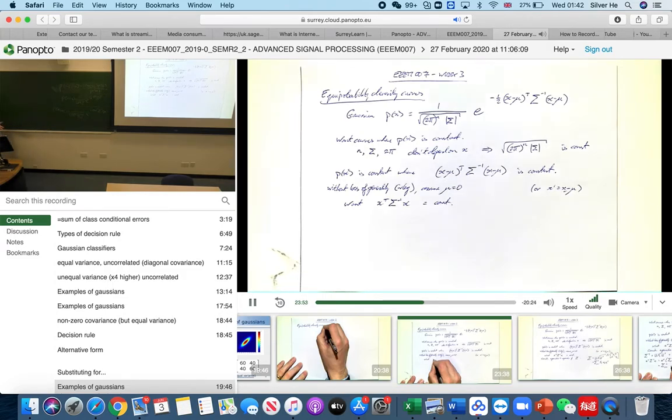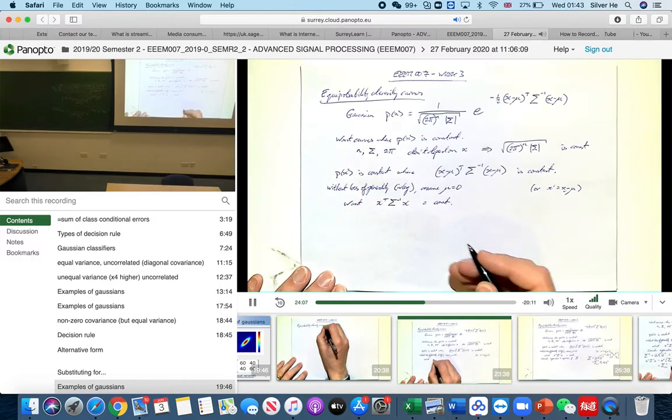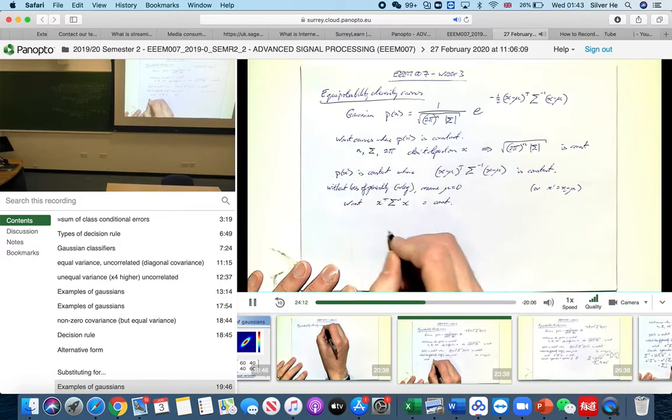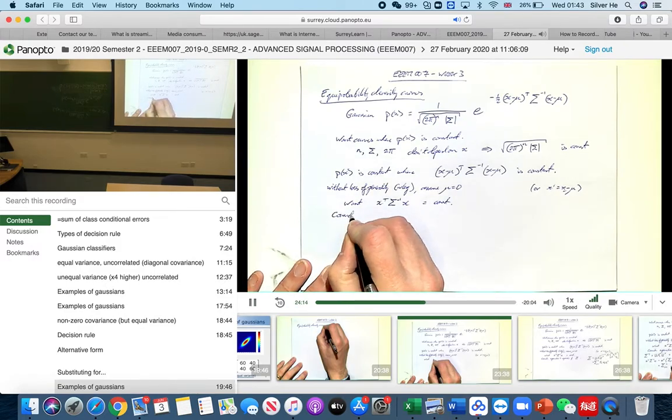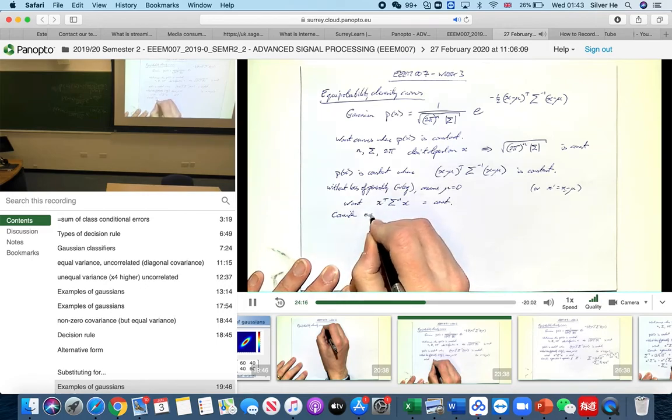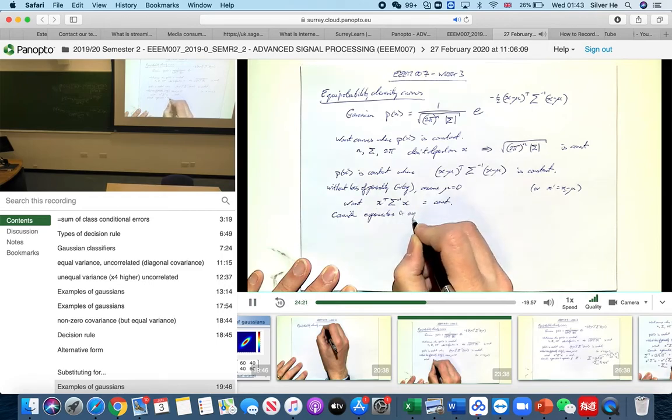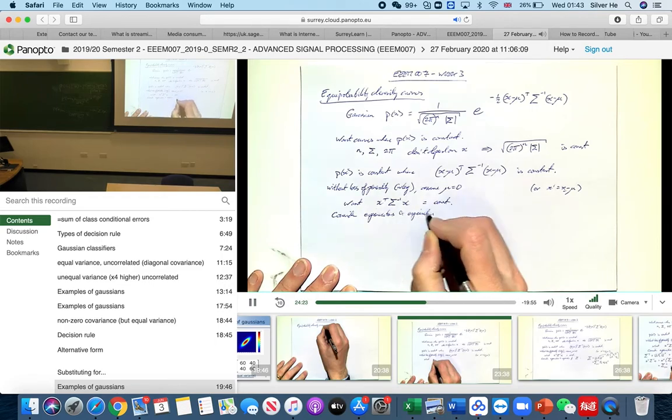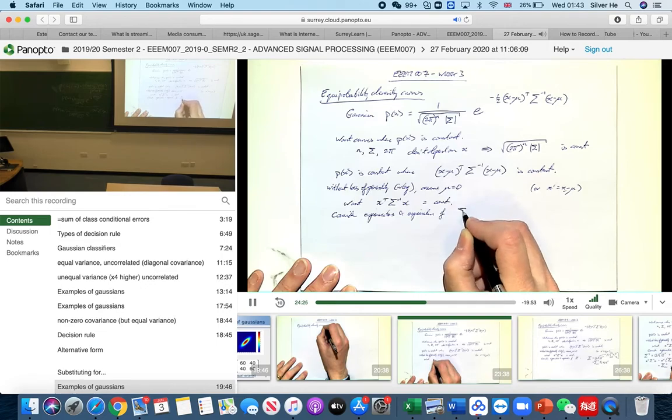Now this is where we're going to start to use eigenvectors and eigenvalues to help us, because if we can break this down into the sum of constituent parts, that's going to help us to say what sort of shape we've got. So let's consider eigenvectors and eigenvalues of sigma.